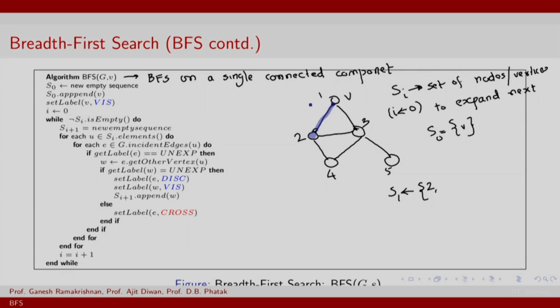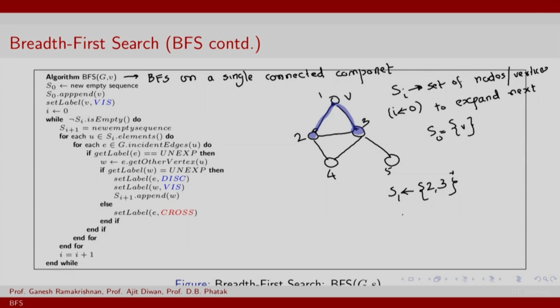We need to similarly check for other unexplored nodes and vertices. So this edge is unexplored, so is this vertex, and we are going to add 3 to the list. Is there any other edge incident on V? Well, none. So this completes our S1.